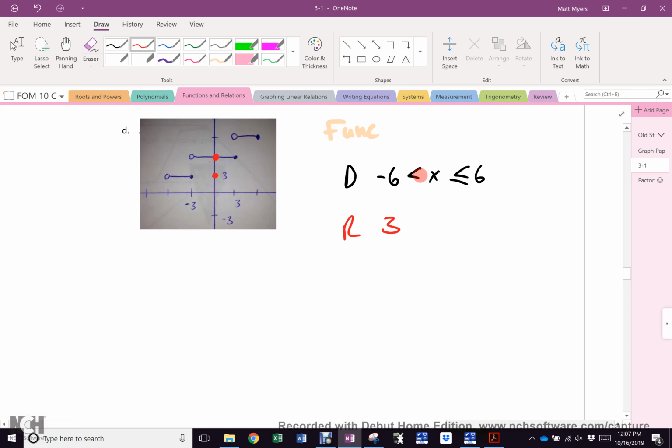So can I use these arrows? No, because it's 3, or it's 6, or it's 9. And I cannot use the arrows because I only have dots. Does everyone understand?